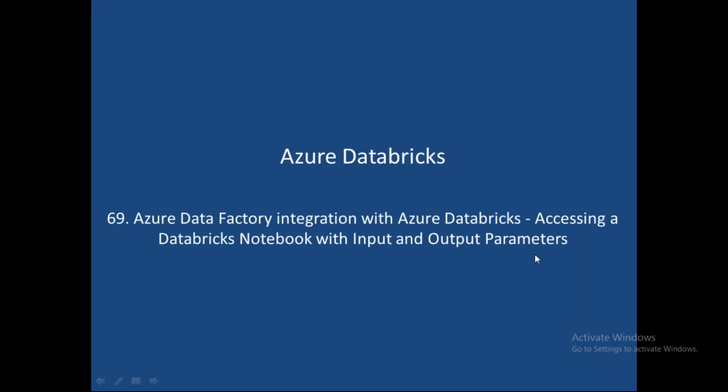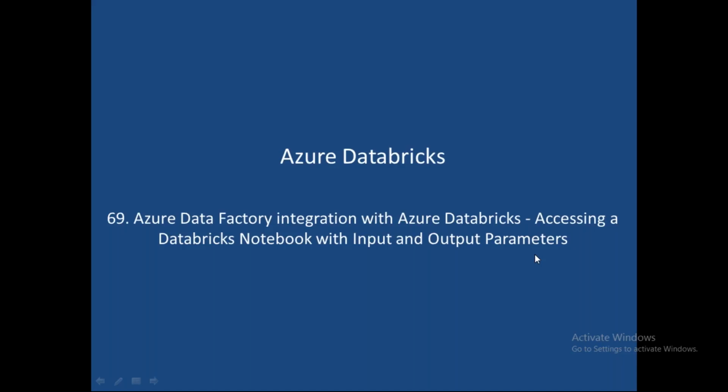Once it has written the data successfully, I want to send some output. Maybe you can say Databricks notebook execution successful, something like that. Or maybe you want to send the number of records I've written to my process layer.